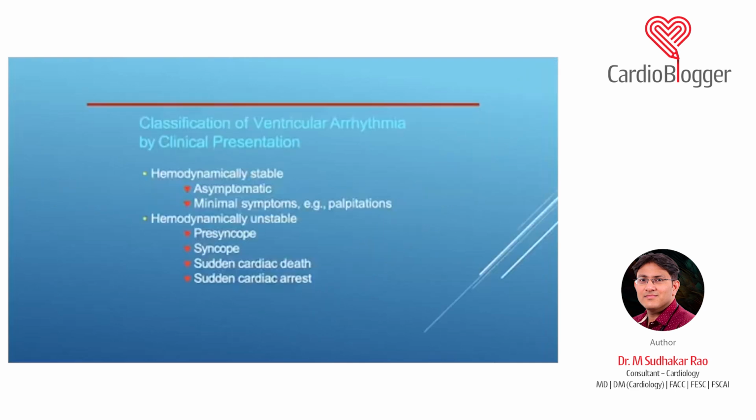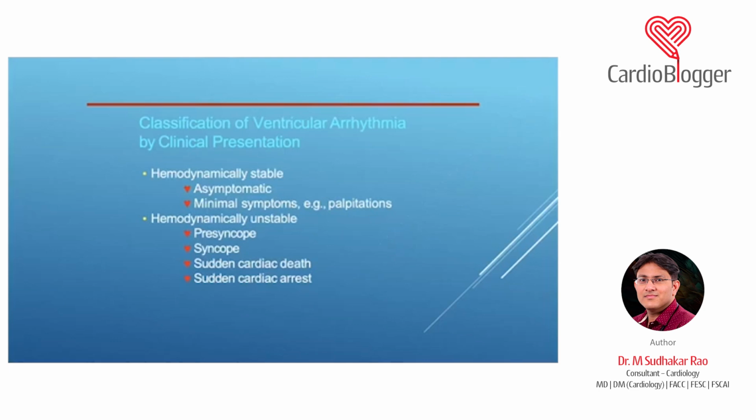So there are various ways by which ventricular arrhythmias are usually classified. One of them is hemodynamically stable or unstable. If the ventricular tachycardia is in a patient with a structurally normal heart, there is no structural heart disease, then they usually are asymptomatic or have minimal symptoms like palpitation.